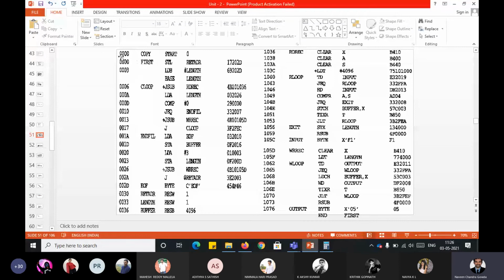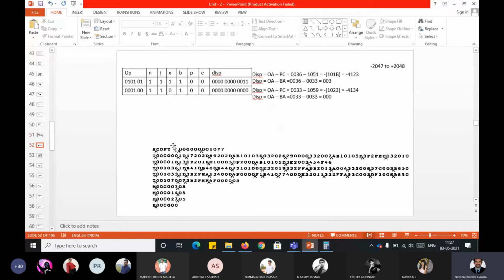I told you that the last address is 1077, minus 0, it is 1077. So that's how you can observe H followed by COPY, followed by zeros, followed by 001077. That is the header record.